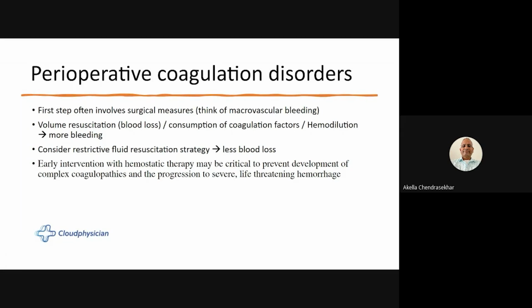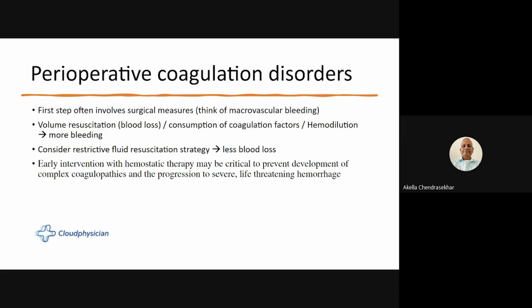Now when you're thinking about microvascular blood loss, think about restricting the amount of crystalloid and colloid like albumin that you're providing. Also think about providing the other products, FFP, cryo. These products are absolutely necessary.